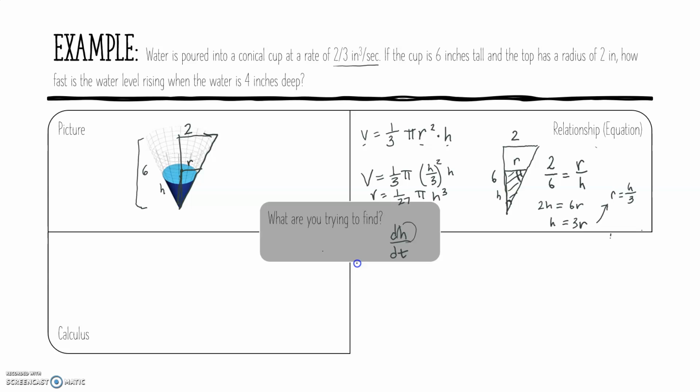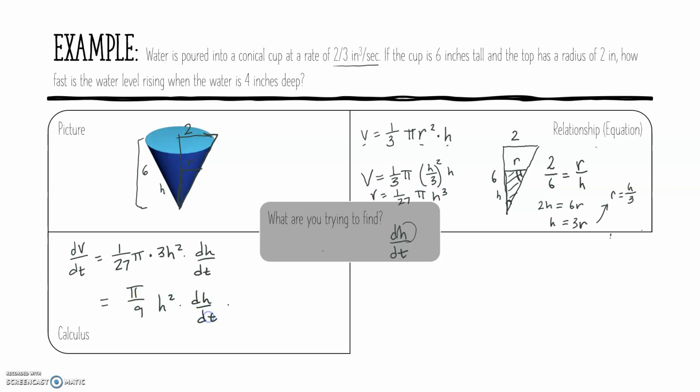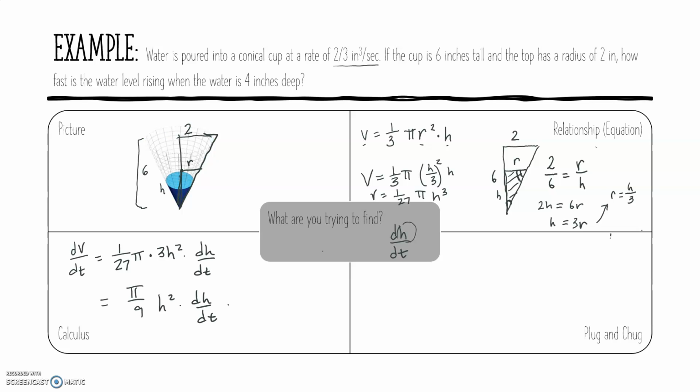So then we're going to do calculus on that relationship. So dV dt equals 1/27th pi times 3h squared times dh dt, or pi over 9 h squared times dh dt. And now the plug and chug box, we're going to fill in how fast is the water level rising when the water is 4 inches deep.